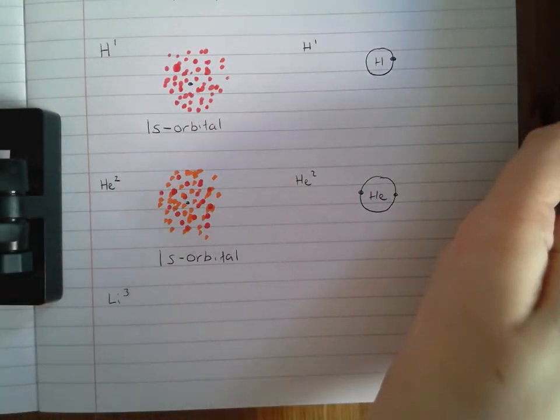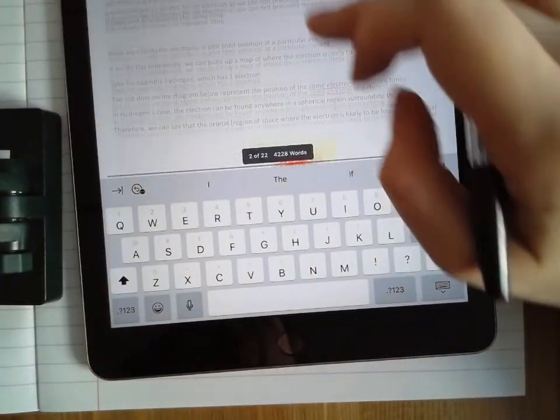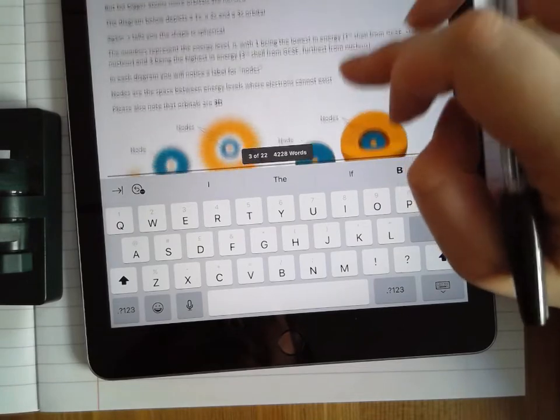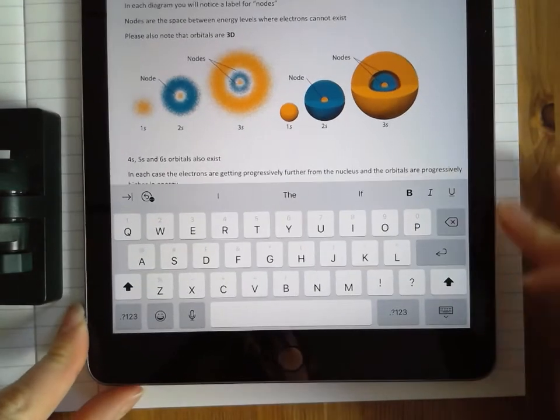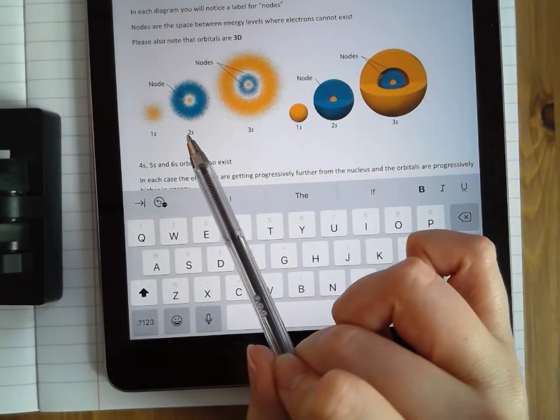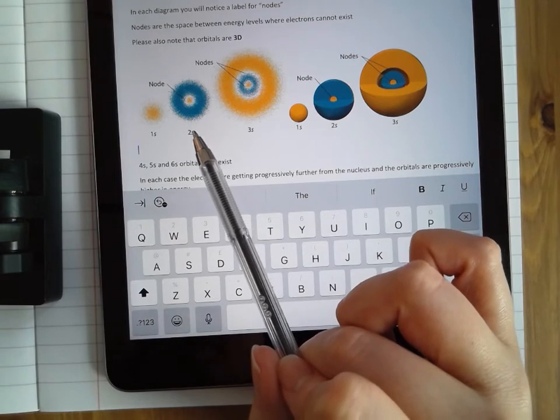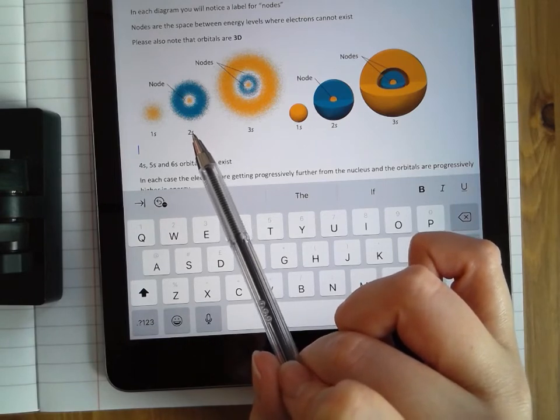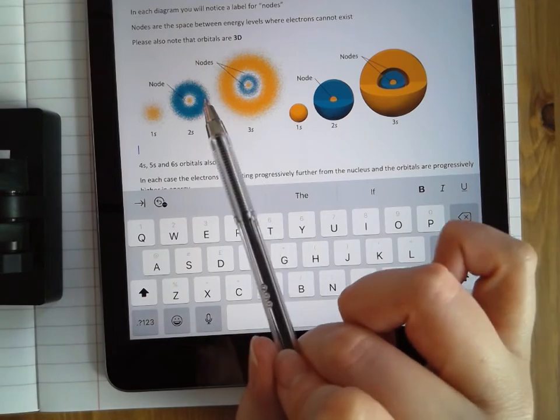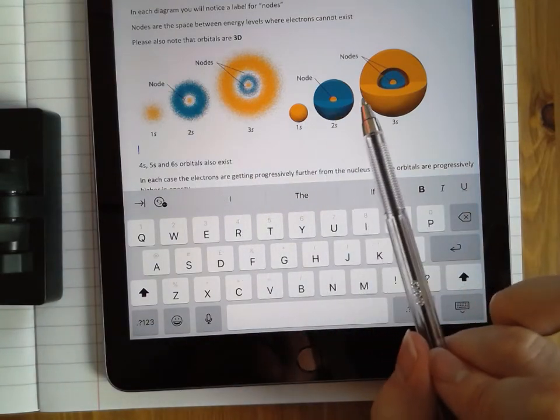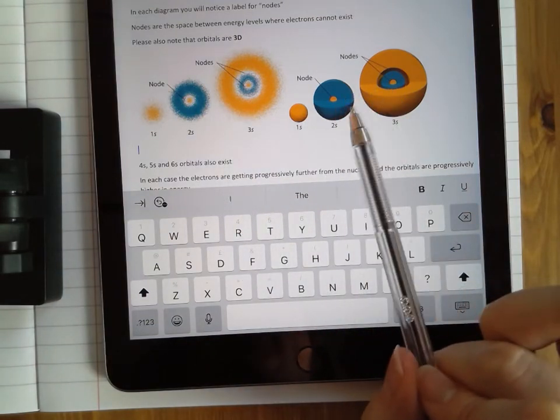With lithium, you are going to need another s orbital. Again, I'm calling it an s orbital because it's spherical in shape. But instead of calling it a 1s, because it's equivalent to the second shell at GCSE, I am calling it a 2s orbital. And remember, these structures are all 3D. So this model here is slightly more accurate.